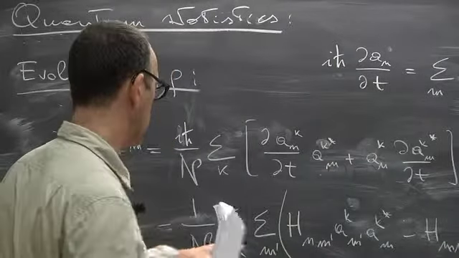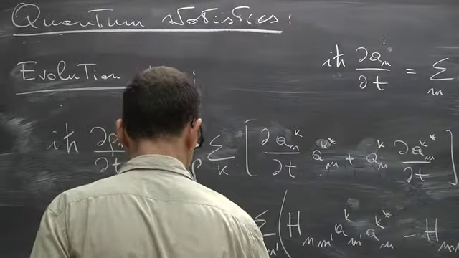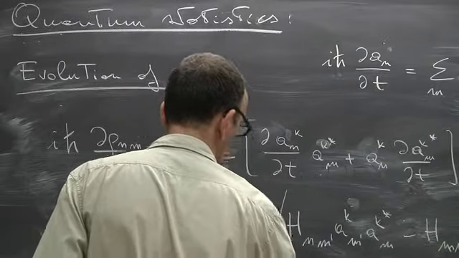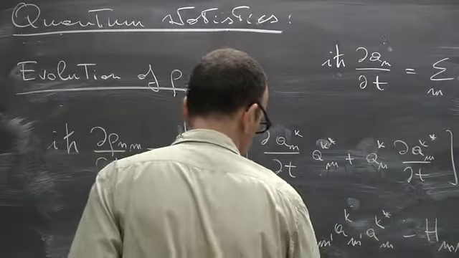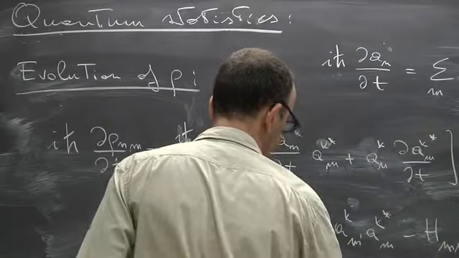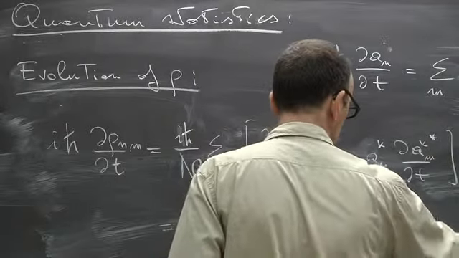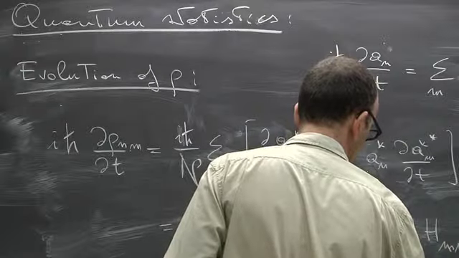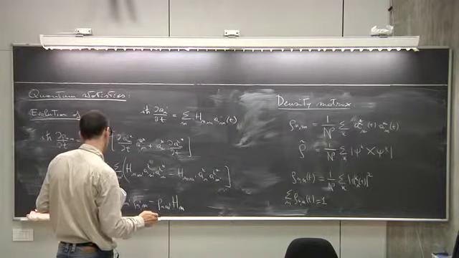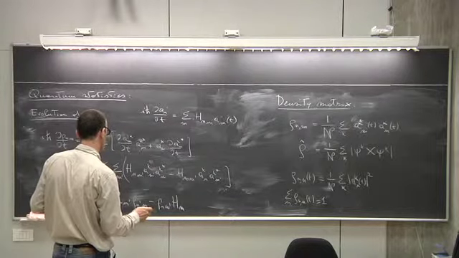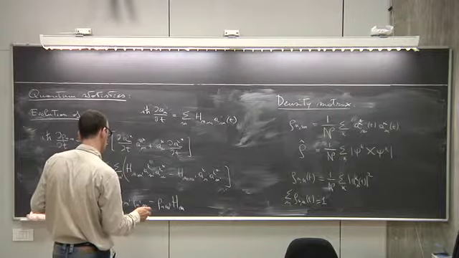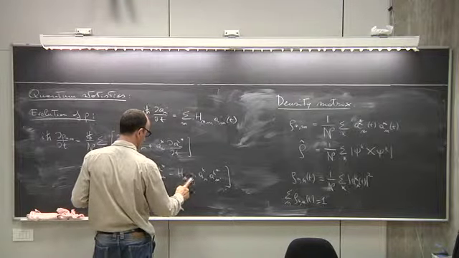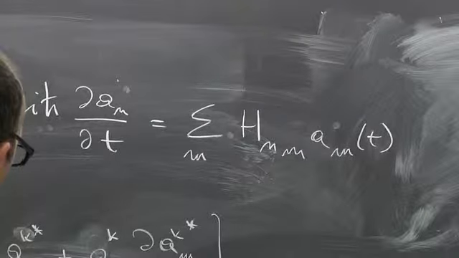You have the sum over m prime of two terms: h of n m prime times what I have here, which is exactly rho of m prime m, and the other term is rho n m prime times h of m prime m.